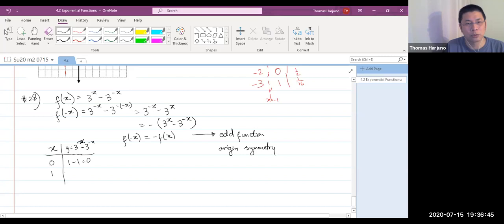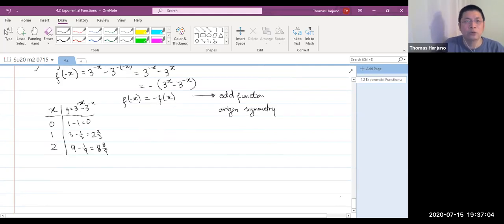When x equals 1, I get 3 minus 1/3, that's 2 2/3. When x equals 2, I get 9 minus 1/9, that's 8 8/9. Let me use these 3 coordinates to help me graph.